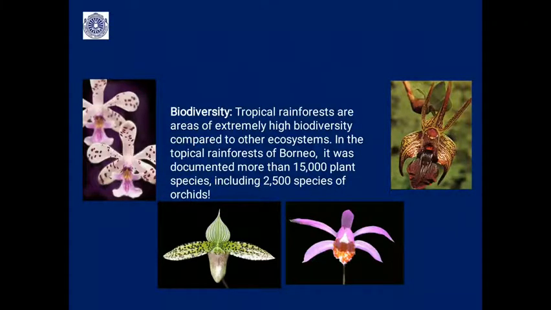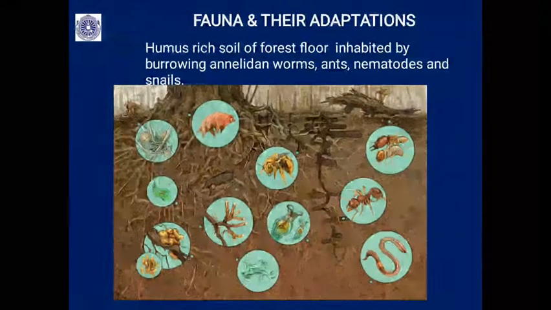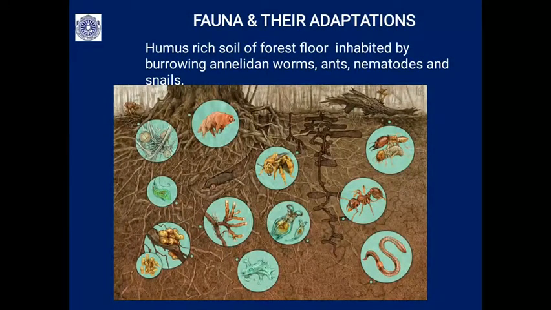Then what are the faunal communities you will find in the tropical rainforest? From the ground, you will find the ground is rich in humus soil which supports varieties of burrowing annelid worms, earthworms, then millipedes, ants, varieties of nematodes, snails, termites. All these you will find in the forest. They form the forest floor.